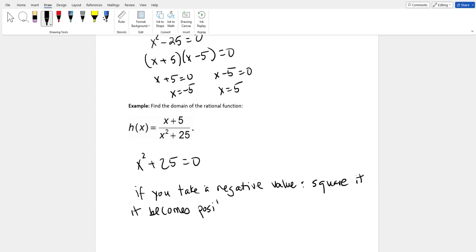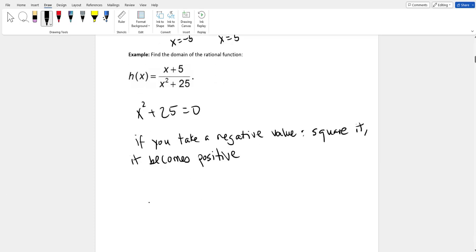So since that's the case, your denominator in this case would never be equal to 0. Denominator will never be 0. Because no matter what value you plug in for x, this is always going to turn out to be a positive number. It will never be 0. So in this case, x will be all real numbers.